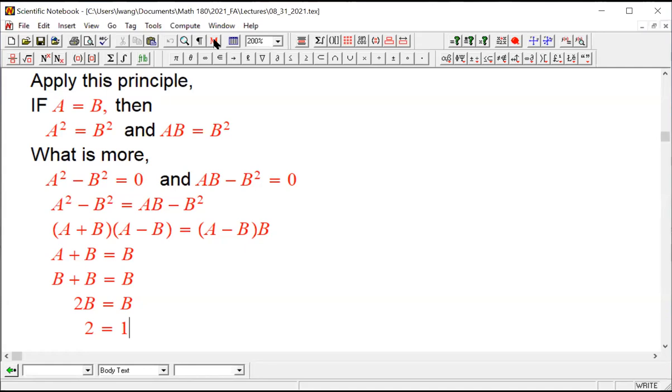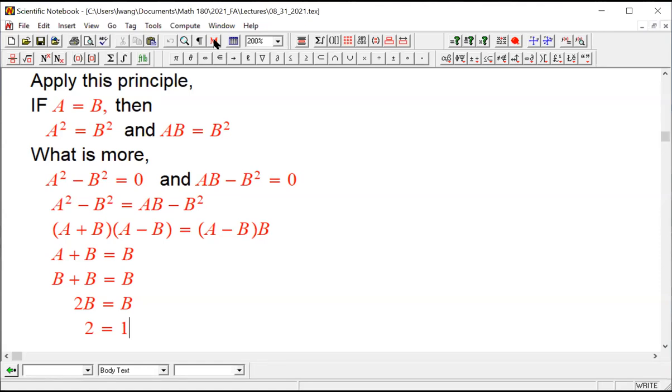Professor, just the line 2 parentheses, A plus B, A minus B equals A minus B times B. When you eliminated A minus B, in fact, you divided both sides of the equation by A minus B. So that's why they were out. We were dividing by 0, right? Yes. Did you guys see that?